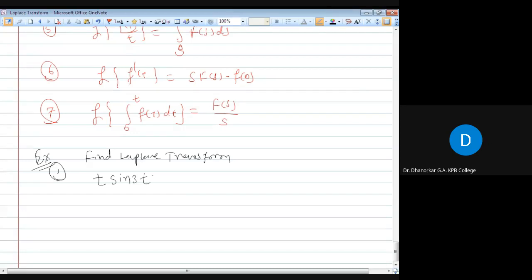What is the Laplace transform of t into sine? Before finding the Laplace transform, who will tell me the formula for this? Which formula is applicable here? Which formula we have to use?